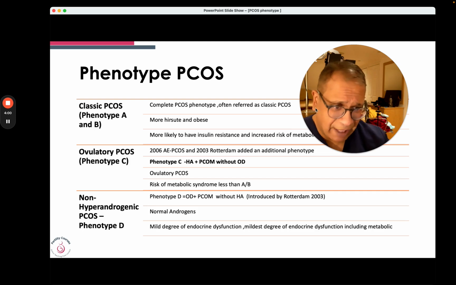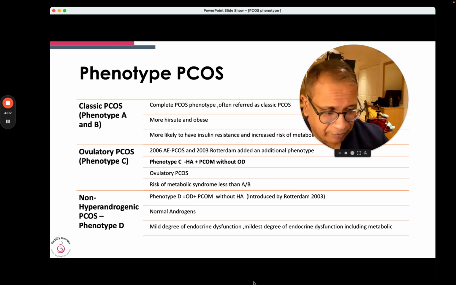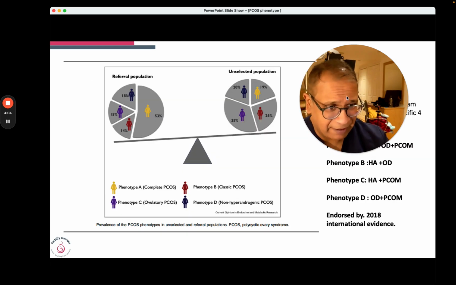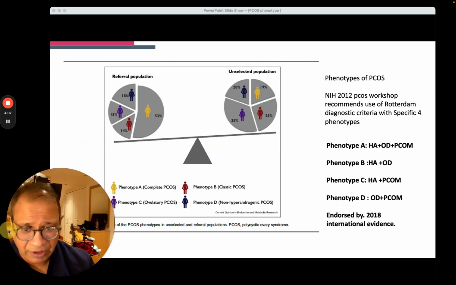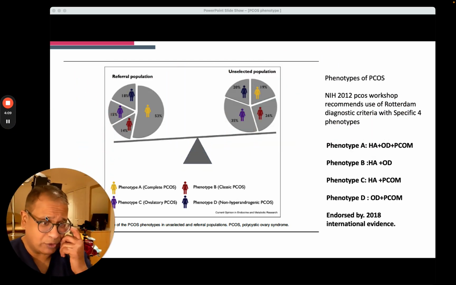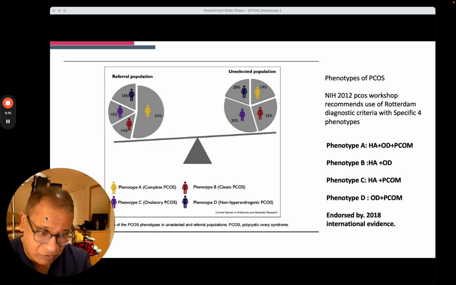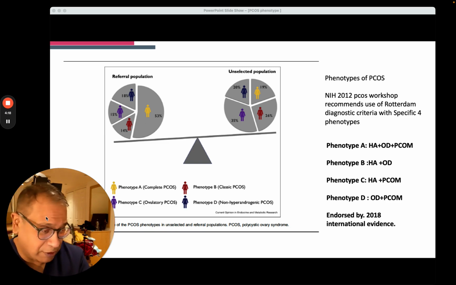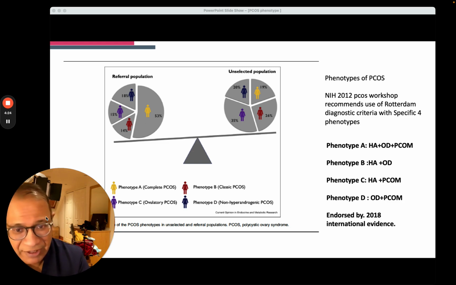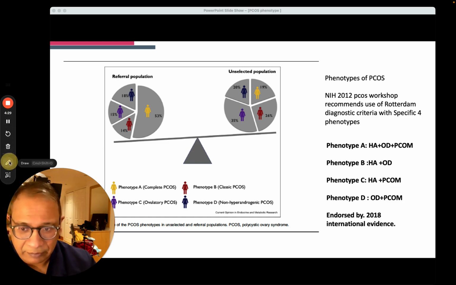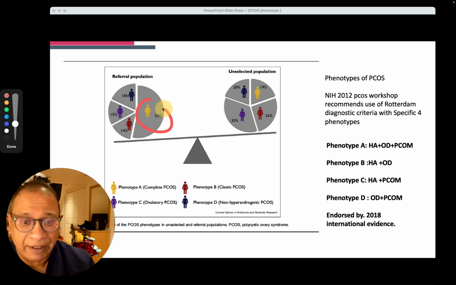So let's now look at the phenotype, a much better way of classification. Phenotype A is hyperandrogenism plus ovulatory dysfunction plus polycystic ovarian morphology. In the referral population, they form the bulk at 53%.